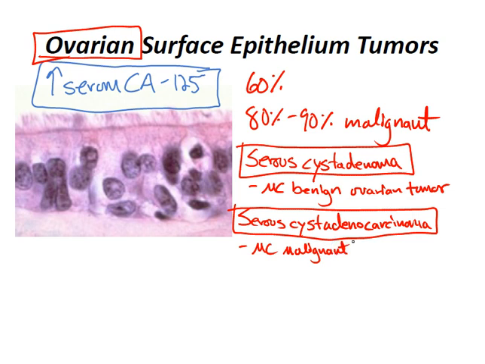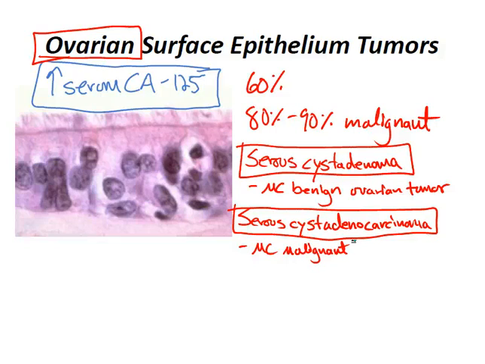So serous tumors like cystadenomas are benign and cystadenocarcinomas are malignant. These tumors are often bilateral, the most common benign and malignant ovarian tumors overall. The serous cystadenoma is lined with ciliated cells just like the fallopian tube is.